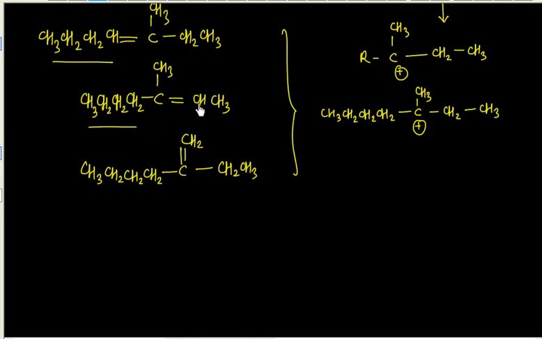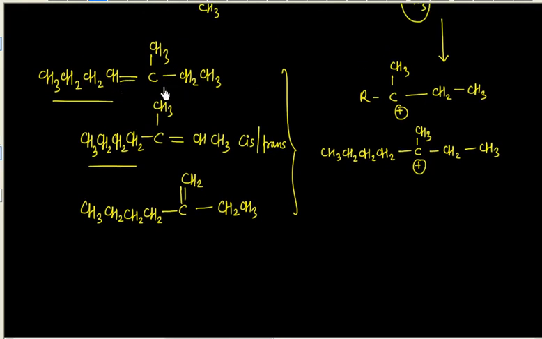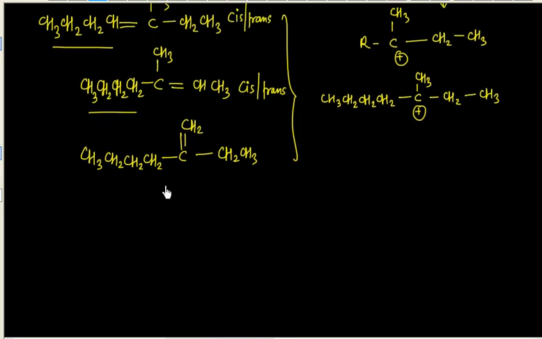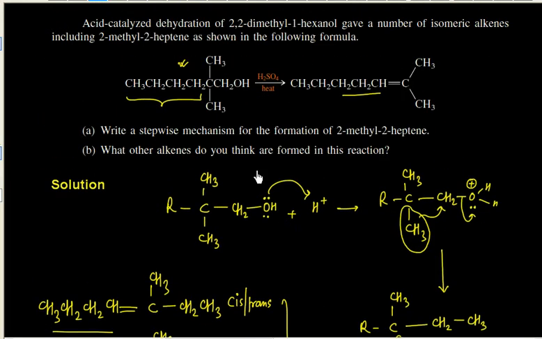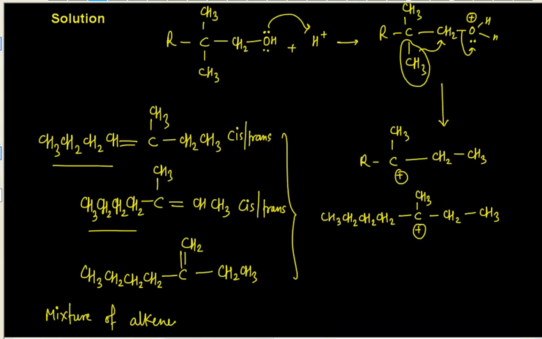This will also exist as a cis-trans isomer, so you will have both cis and trans for this compound. This one will have only one isomer. This also exists as both cis and trans, so it also has cis-trans isomerism. So basically you are getting a mixture of alkenes. This is the B part of the question, which asks what other alkenes you think form during this reaction. These are the alkenes that are formed in the reaction.